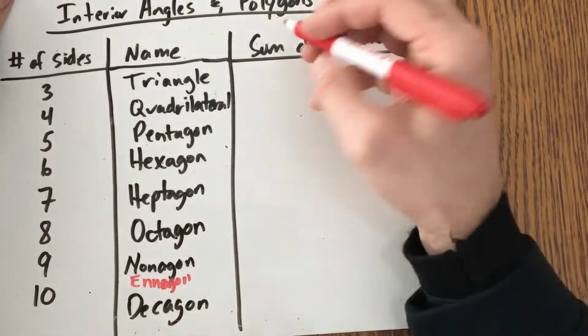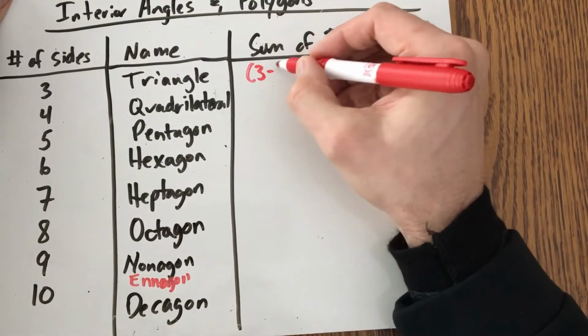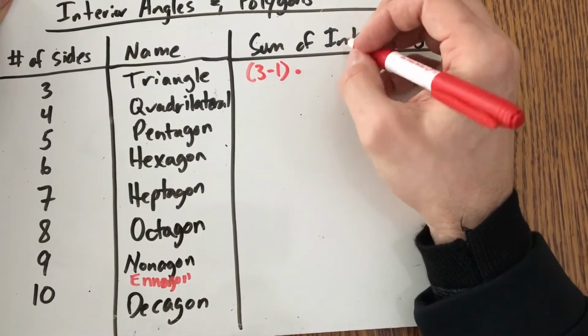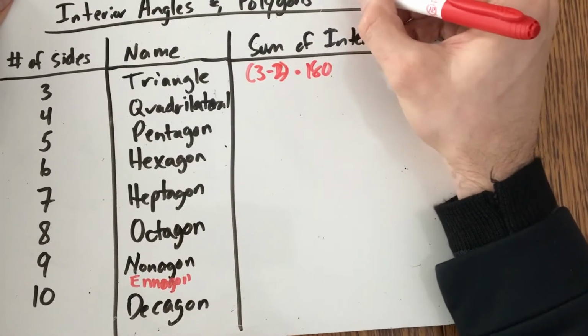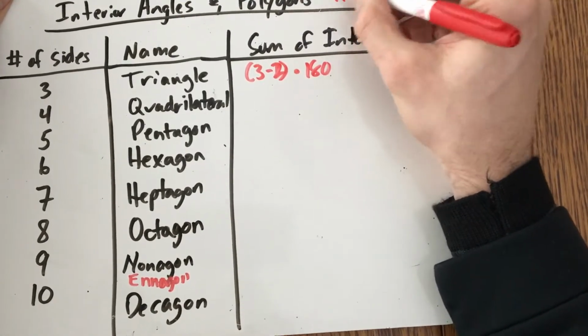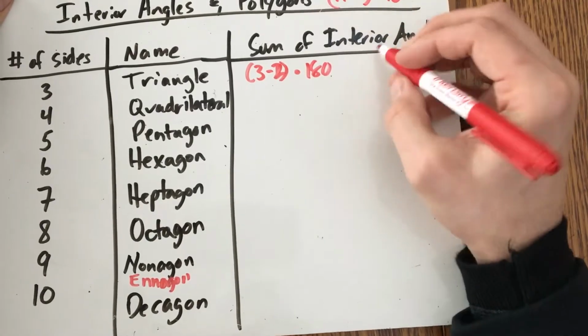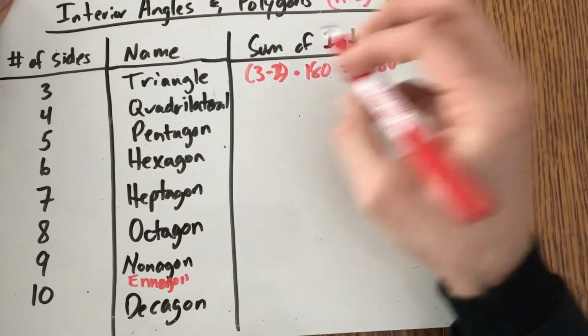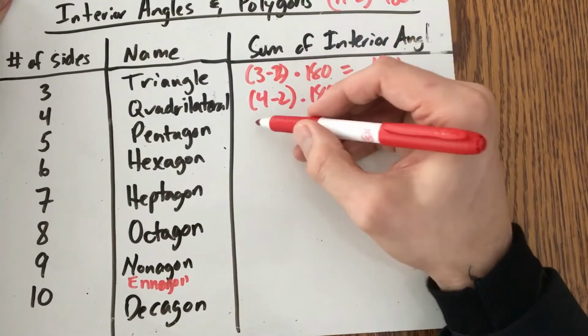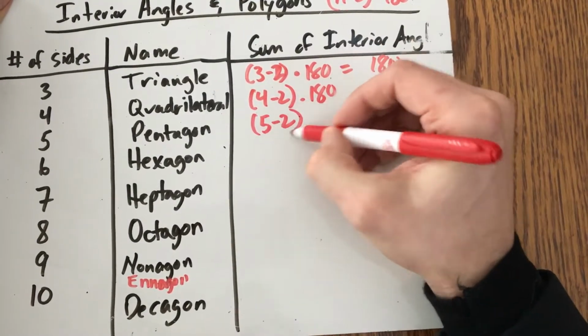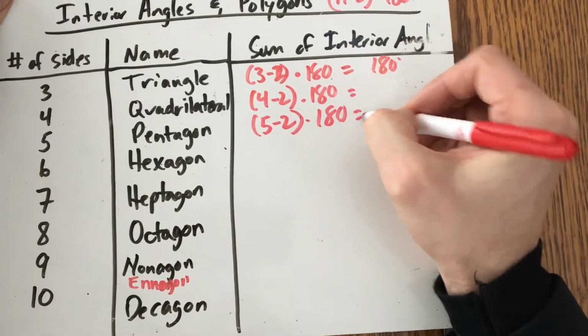So if I was going to do triangle, 3 minus 2 times 180. Remember our formula, the number of sides minus 2 times 180. That's 180 degrees. If it was a quadrilateral, 4 minus 2 times 180. If it was a pentagon, 5 minus 2 times 180. And I could go all the way down.